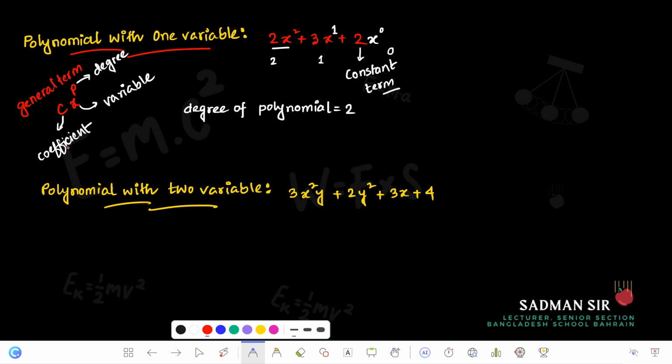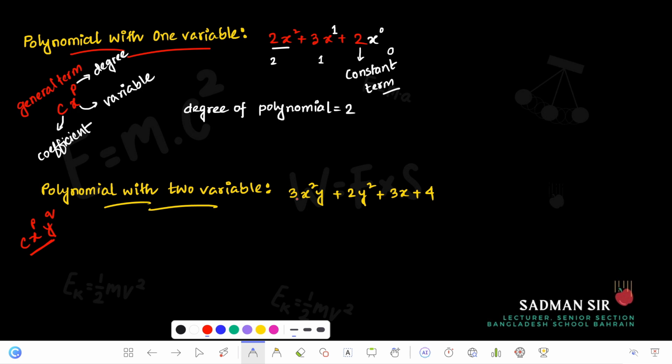Here only one variable was there, but now we have got two. So a coefficient will be there as usual, and two variables, and both of them will have some power on them, some degree. So let us consider that the degree of x is p and the degree of y is q. Now all the terms we should be able to write in this way.